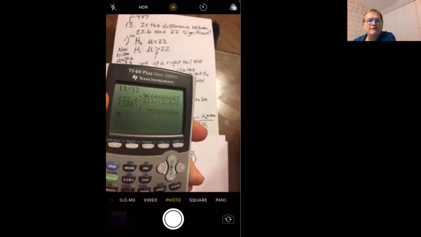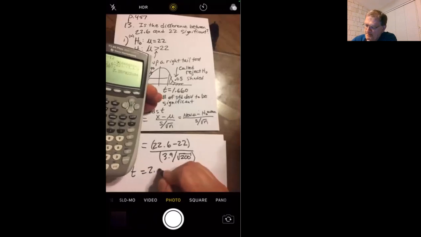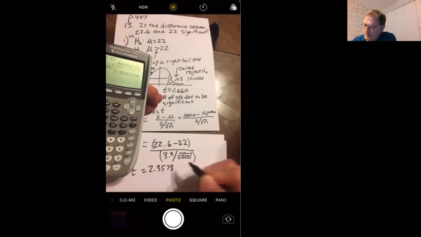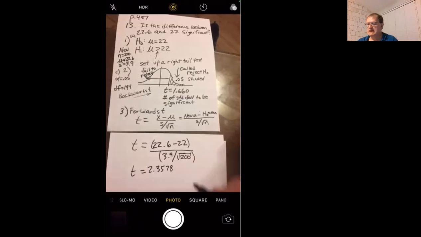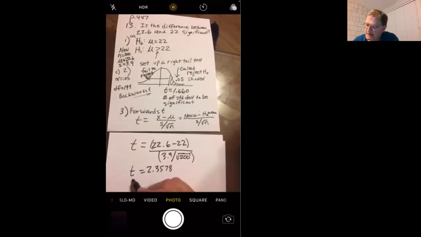I'm getting 2.3578. We're not splitting things off or looking anything up. That's a different set. This is a different animal. You just need this number.